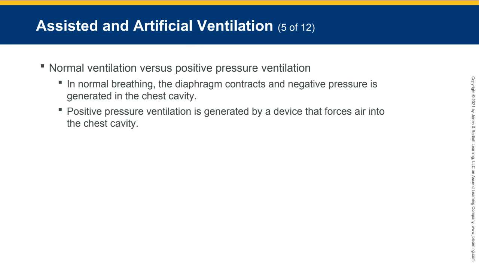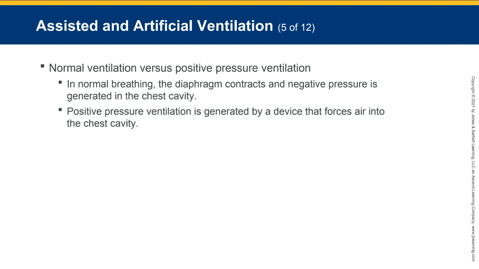Now, normal ventilation versus positive pressure ventilation. In normal breathing, the diaphragm contracts and negative pressure is generated in the chest cavity. So we breathe in with negative pressure. When you are ventilating for a patient, you're actually forcing air into the patient's chest. So it's positive pressure.